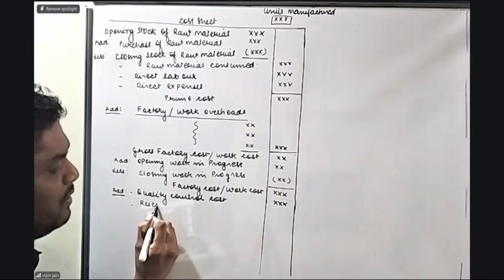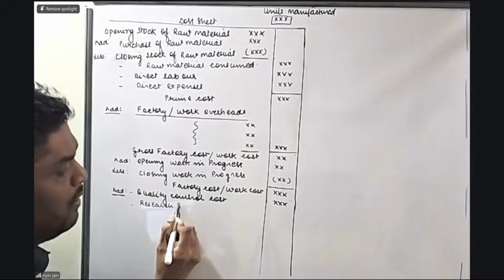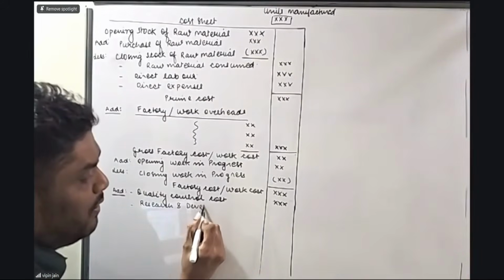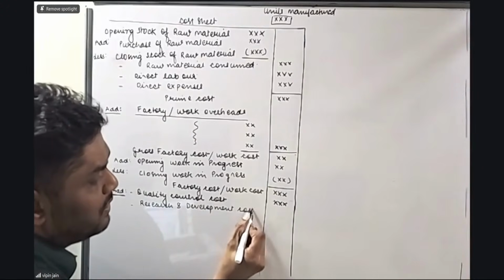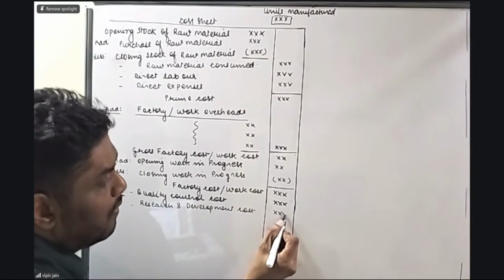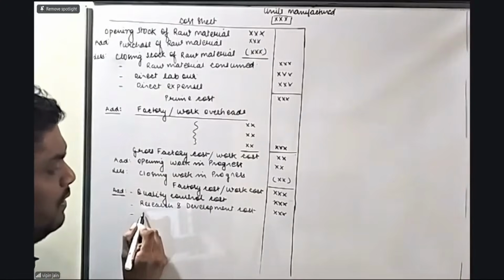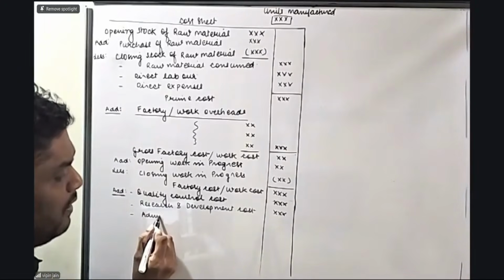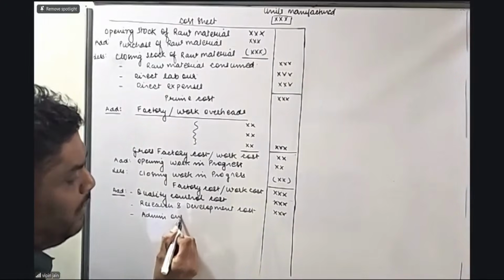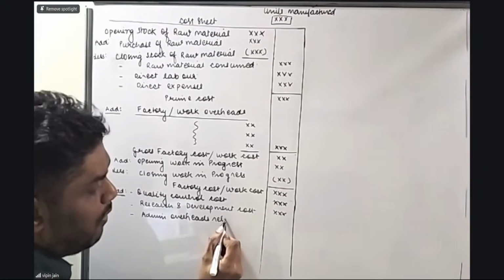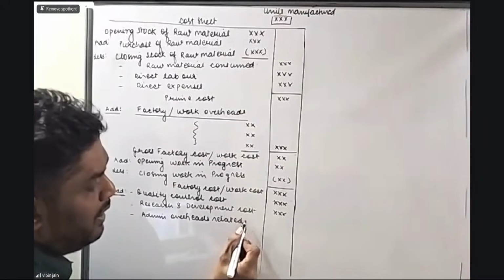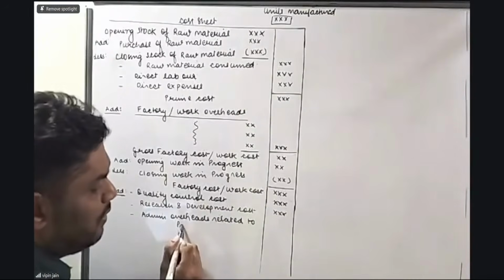Second is research and development cost. Third is admin overheads related to production.